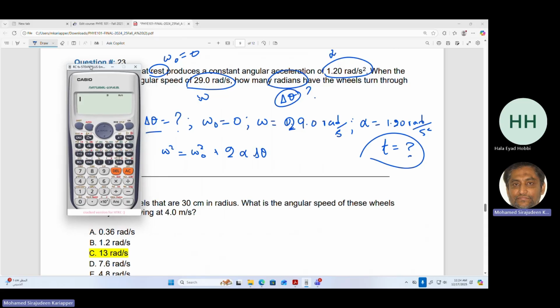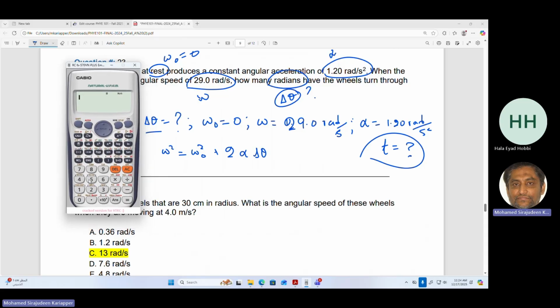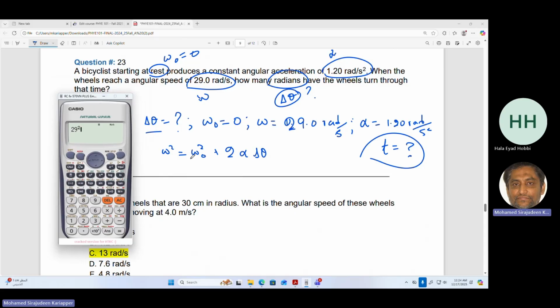You should have a good night's sleep. Omega squared. How much is that? 29, I remember it. Squared. Equals alpha, and omega naught is 0, so I will not even bother to do that. 2 multiplied by alpha, which is 1.2, multiplied by delta theta, our unknown.